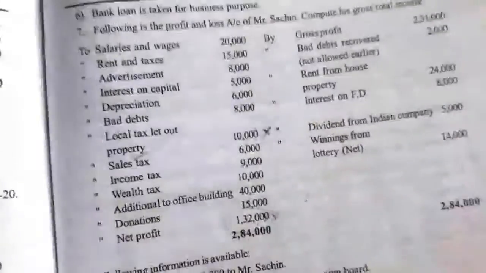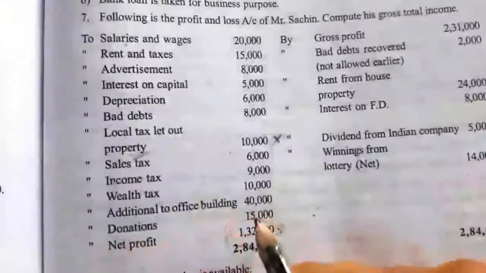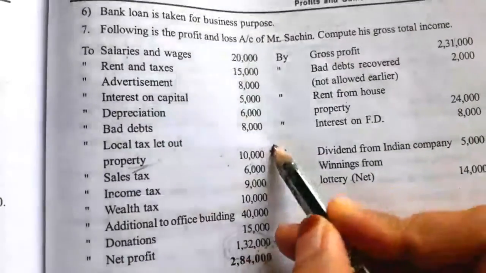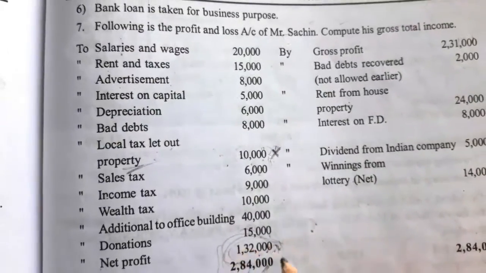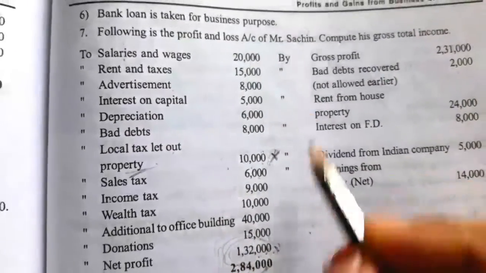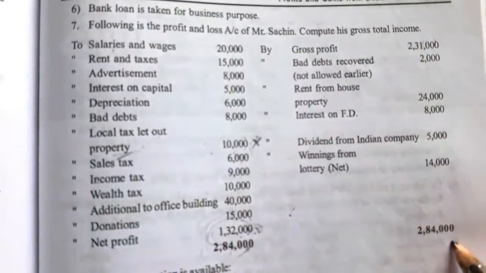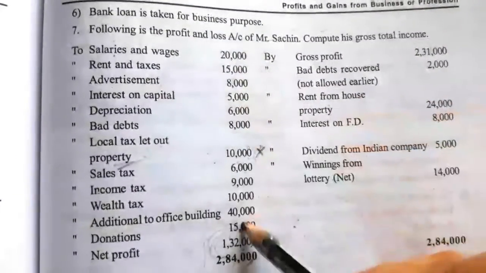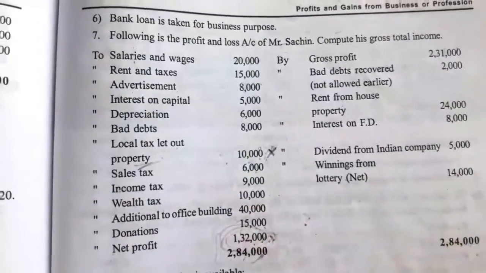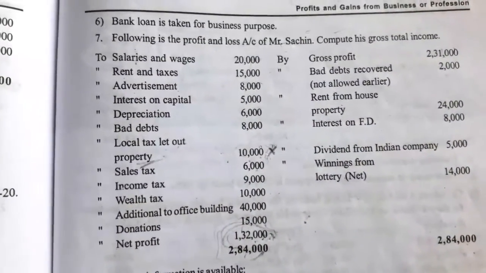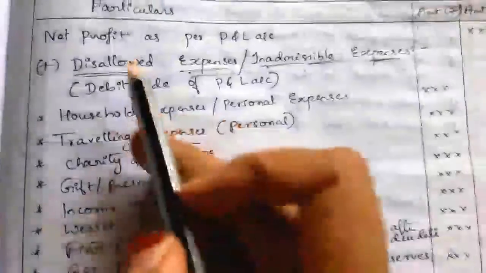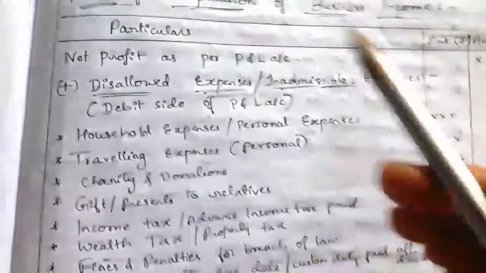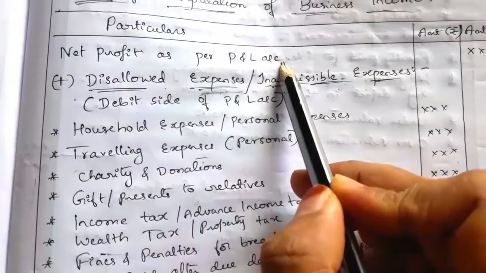How to cancel? We have to add back. We got this net profit by adding credit side items and deducting the debit side. So in order to cancel the debit side item, we have to add the disallowed expenses which are not relating to business. Disallowed expense is nothing but the expense which is not relating to business, and it should be added to the net profit.